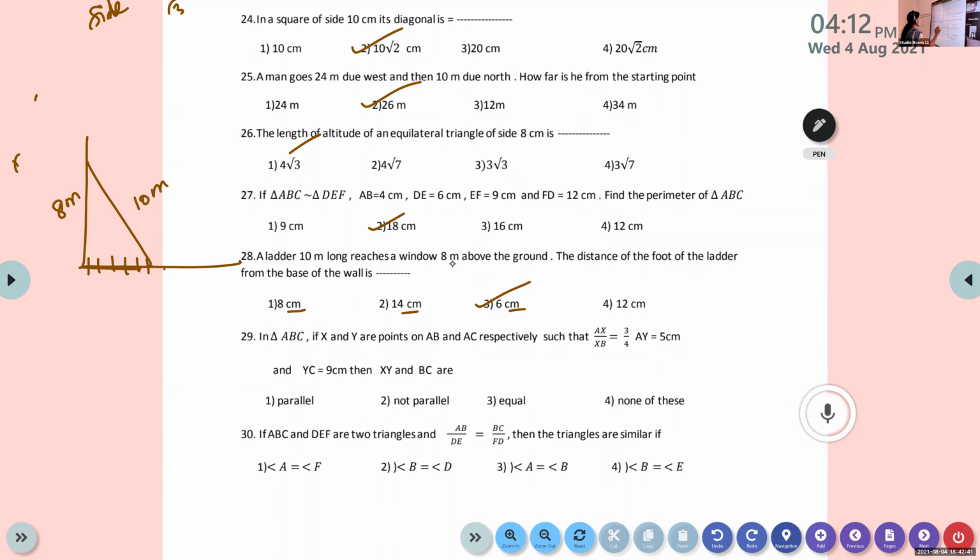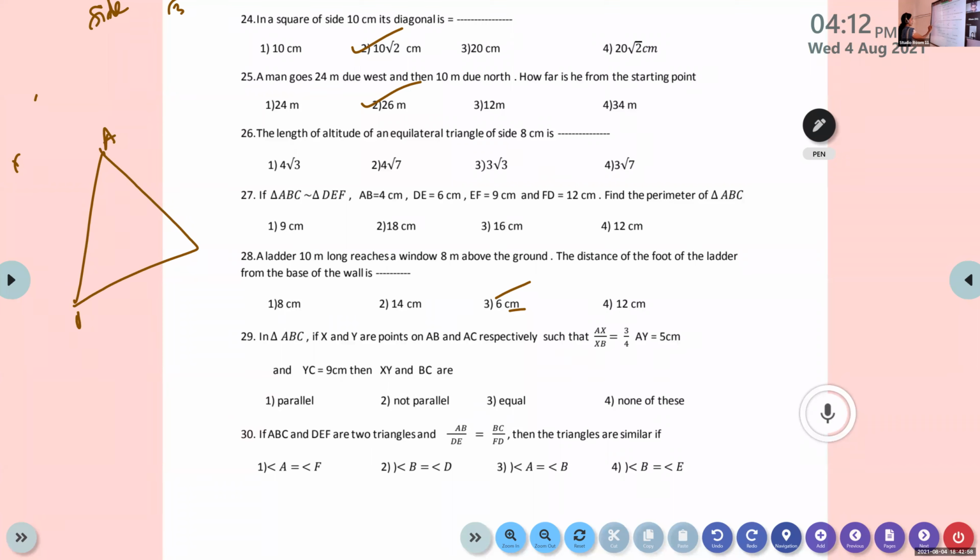29th one. In triangle ABC, X is a point on AB and Y is a point on AC, such that AX is 3, XB is 4, and AY is 5, and YC is 9.